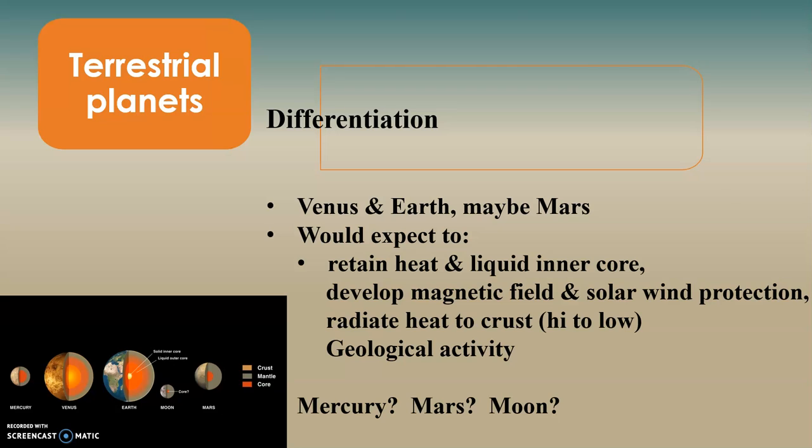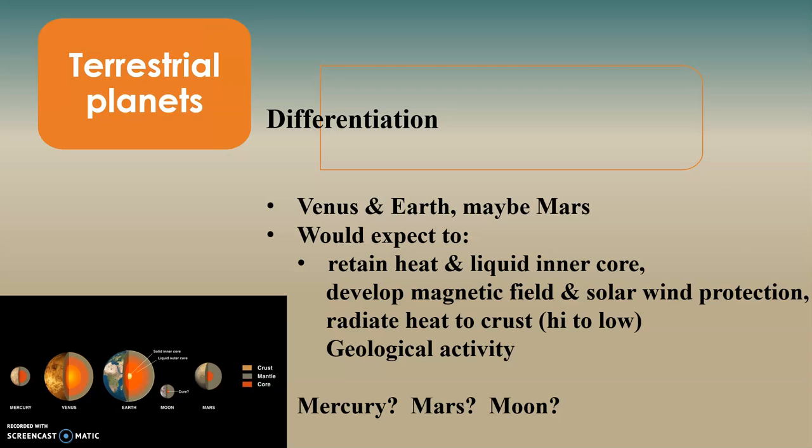You would also expect these bigger planets to radiate heat from the inner core to the outer crust. Remember, all energy goes from high levels to low levels. This is going to radiate if you've got a very warm core, just like in the sun.